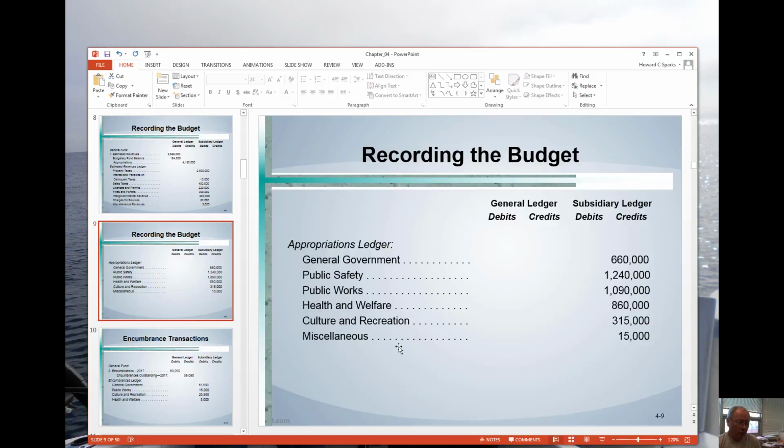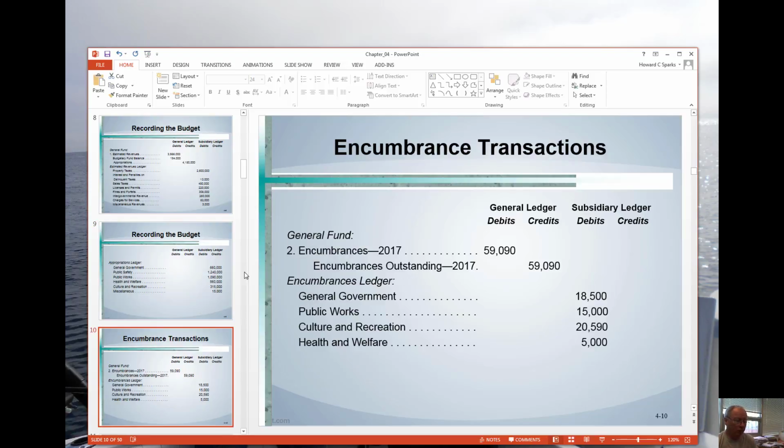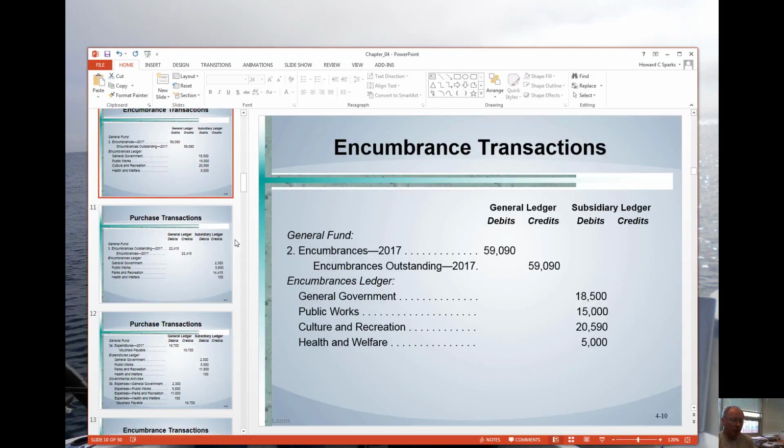Here are our appropriations, general government. Okay, so encumbrances: this is a real important concept in governmental accounting. We issue purchase orders, and because we're under a strict budgetary authority, we use encumbrances as placeholders. That's a real important concept to master. Here we're just following the narrative in the textbook, in that we've issued a bunch of purchase orders, and here's the detail for these.